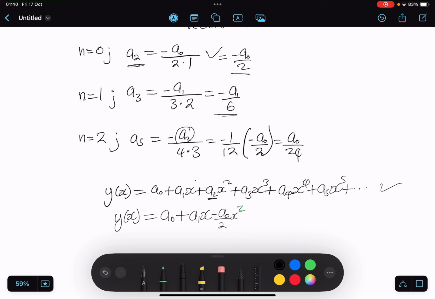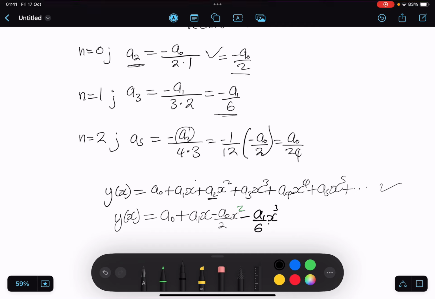A3 is equal to minus a1 over 6, that's a3. So this is x cubed.